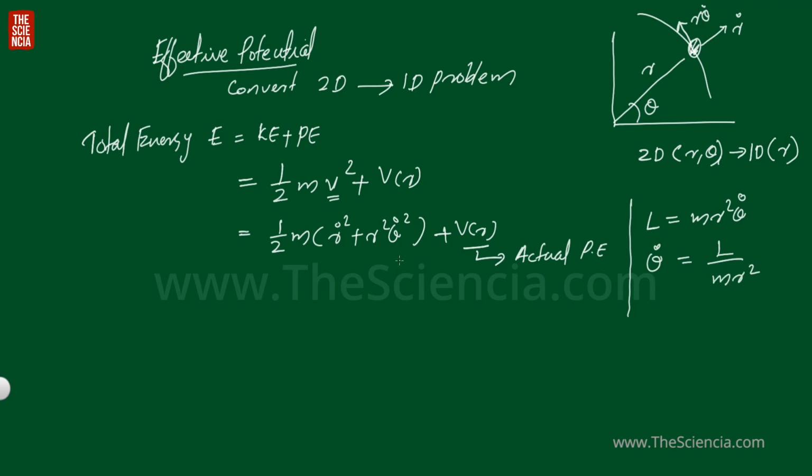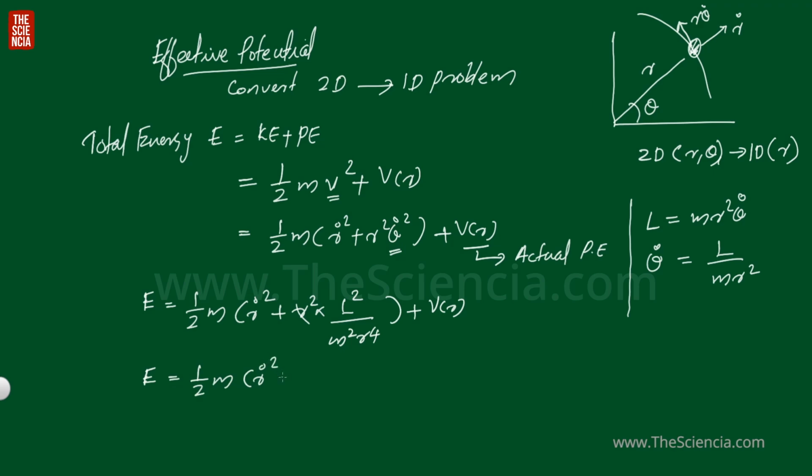Now I am substituting this for θ̇. So I get total energy E equal to 1/2 m ṙ² + r² · L²/(m² r⁴) + V(r). So I can cancel this r² and one of the r² here. So we get E equal to 1/2 m ṙ² + L²/(m² r²) + V(r).